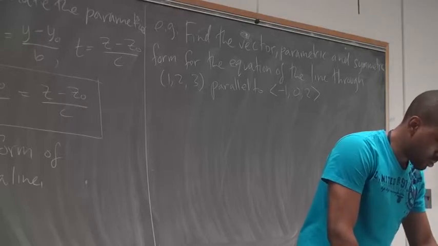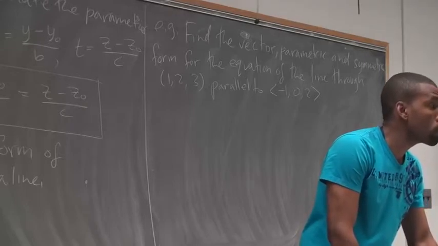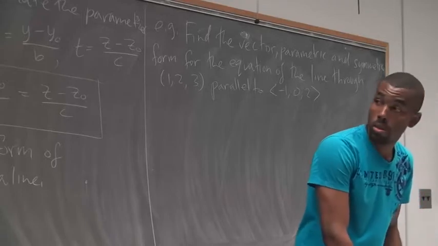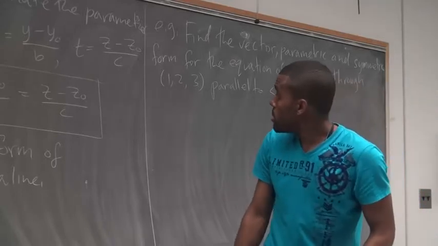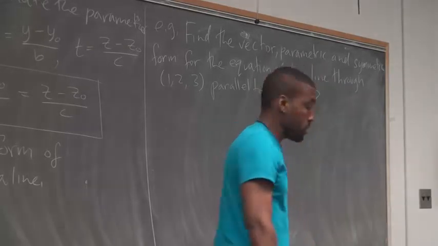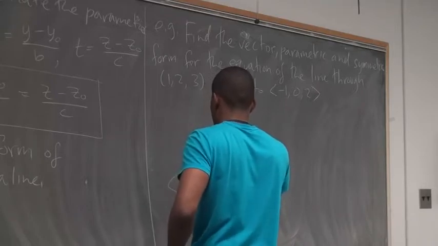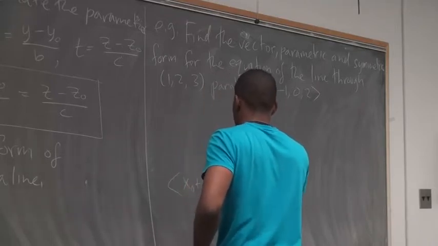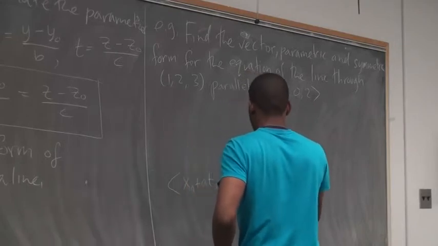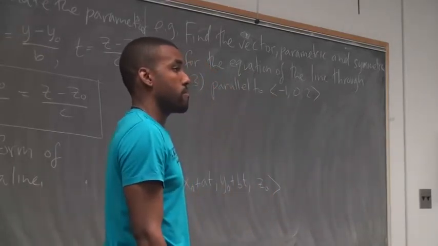What do you do with a symmetric form if A, B, or C equals 0? I can show you. So you're saying you have x naught plus at, y naught plus bt, and just the z component is just z naught? Yeah.